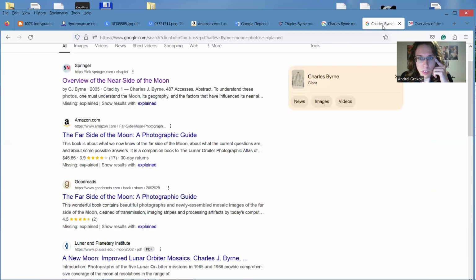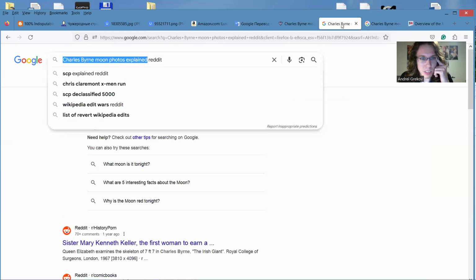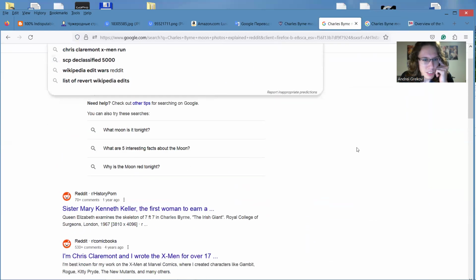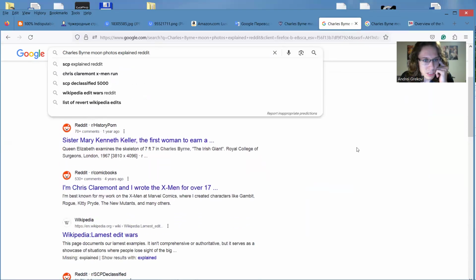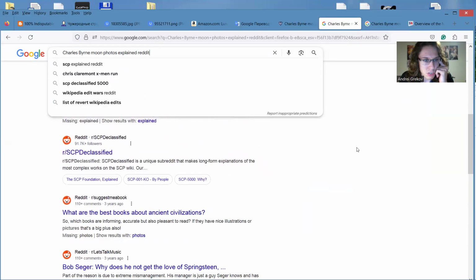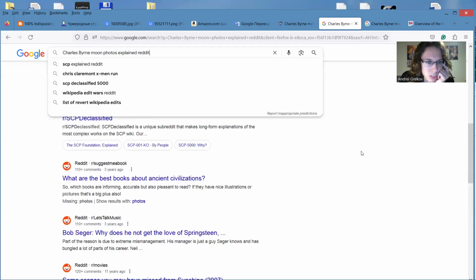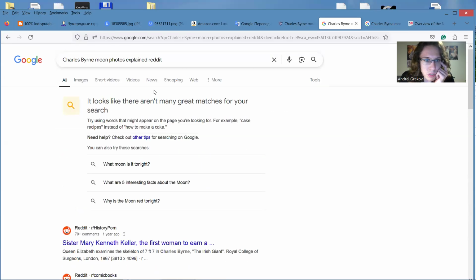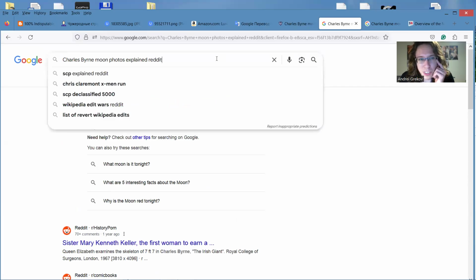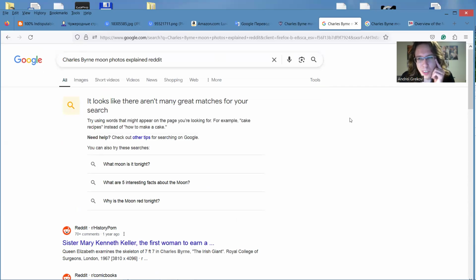So even if I typed in something like Reddit, it seems like it just doesn't really get what I want. In fact, Google says it looks like there are not many great matches for research, which is a bad sign. Makes everything even more suspicious, right?